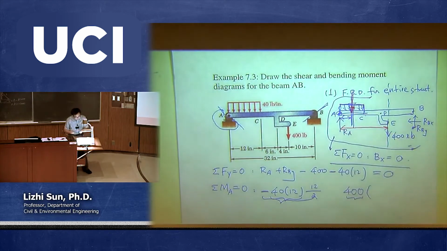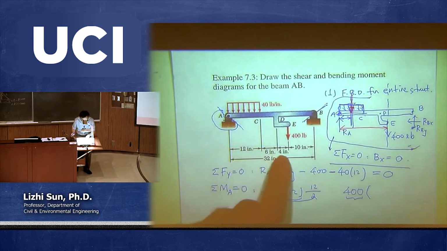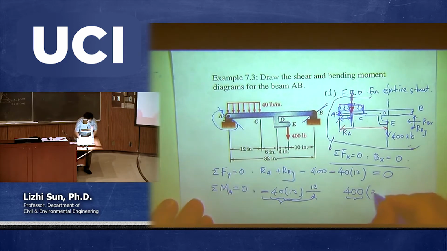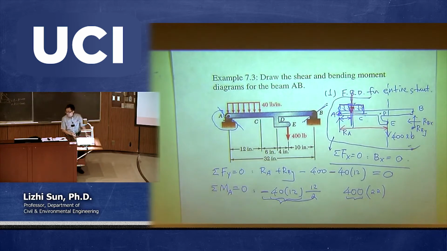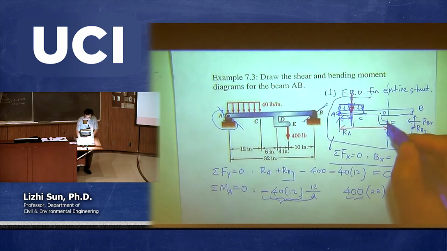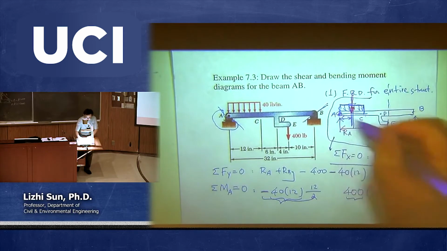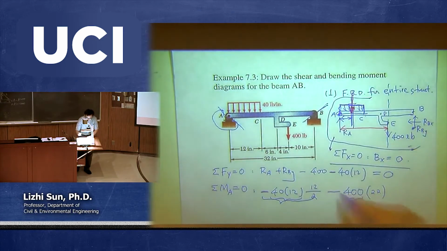So that means from A to E. So A to E from this picture is going to be 10, 22, right? Okay, so altogether that is the moment. Now we need to determine the direction. So this force is going down, so it has a potential to rotate along at this point A clockwise, so that's negative sign as well.